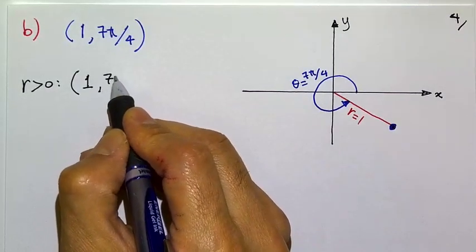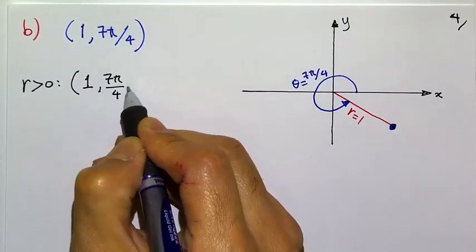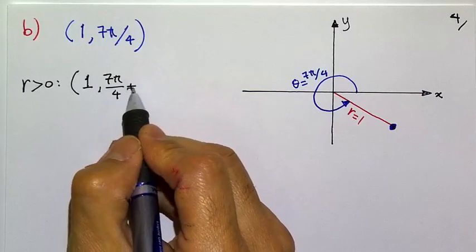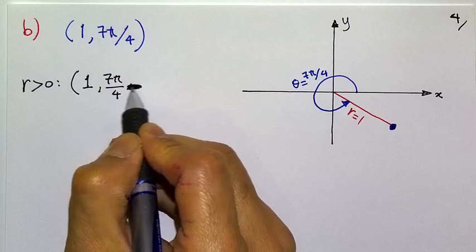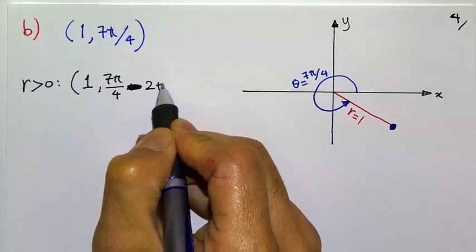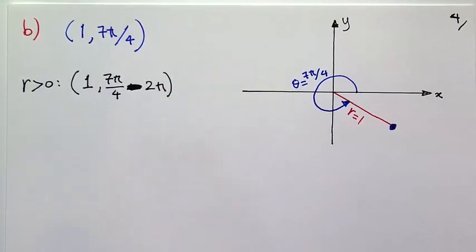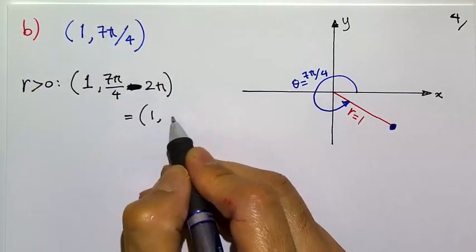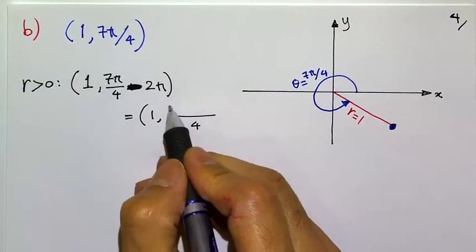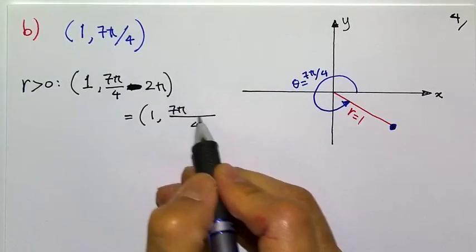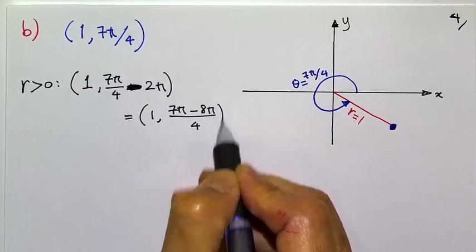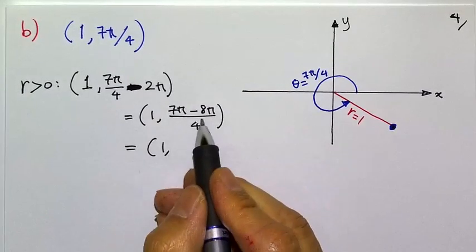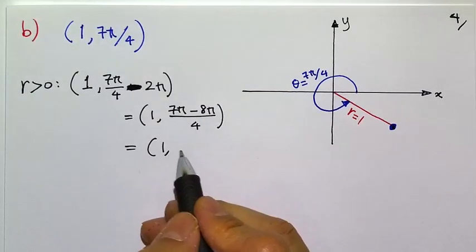So 7 pi over 4, oh sorry, I meant to subtract, minus 2 pi, right? So this will be equal to, let's clean this up. We have common denominator 4, 7 pi minus 8 pi, and so we have 1 comma minus pi over 4.